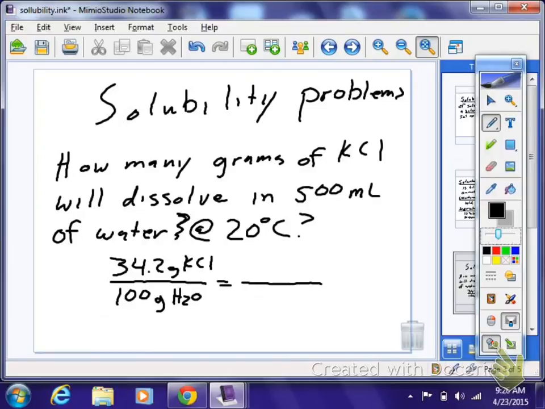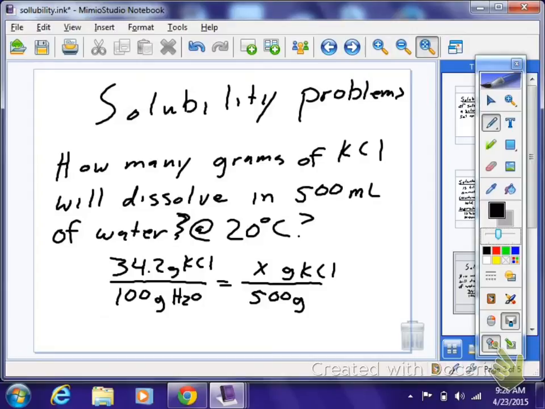So over here I'm going to put, well, how much can dissolve if I've got 500 grams of water? Okay? So I want to solve for how many grams of KCl. If I solve for this top here, then that'll tell me how many grams I would need to make a saturated solution. So I'd like somebody to calculate that and come up with an answer. Okay? These are notes for you guys to take.